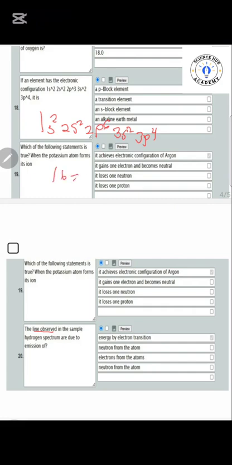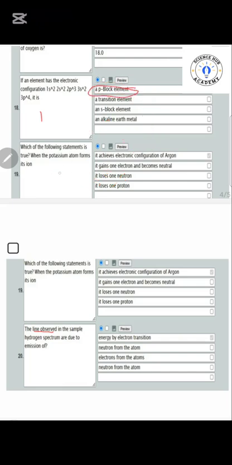So 16 is 2, 8, 6, that's a chalcogen. So it's not this. Then it is not an s block element because the valence orbital does not fall in the s block. That's not this. Transition element, no, because it does not fall in the d block. Then a p block element, yes, that is going to be appropriate, because this element has the valence orbital in the p block. So that's that for question 18.